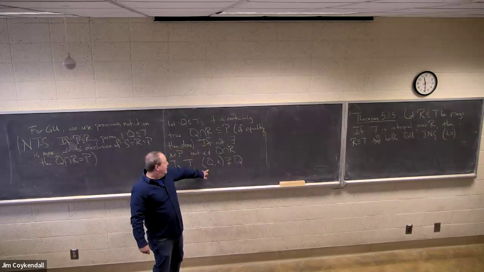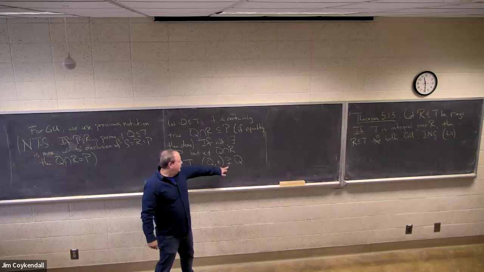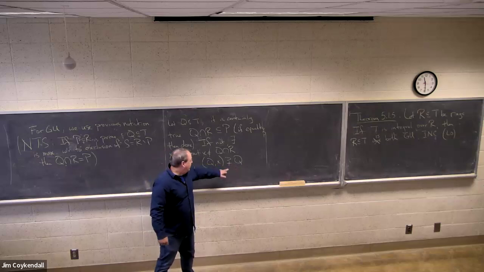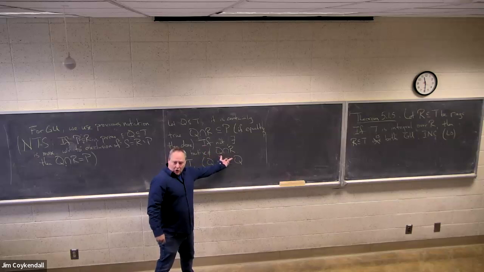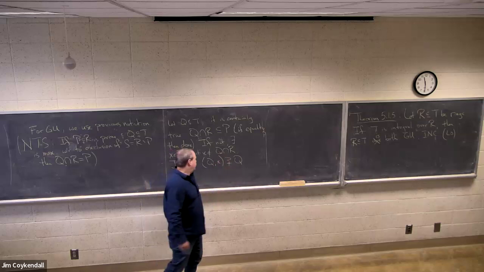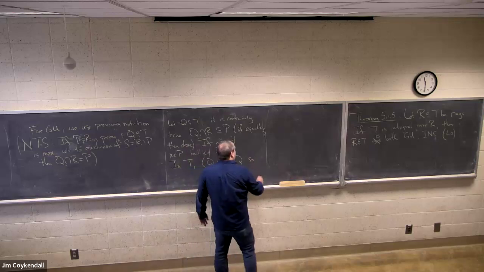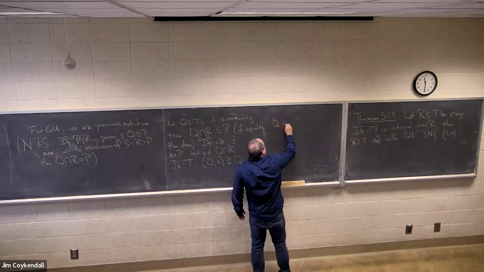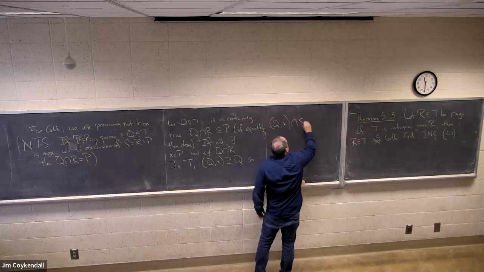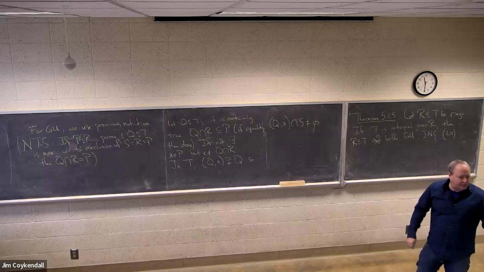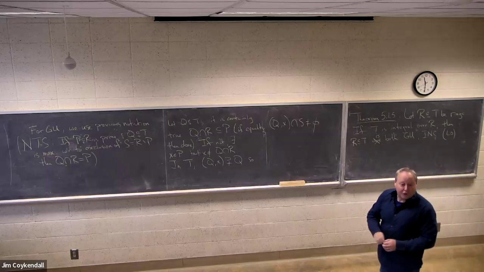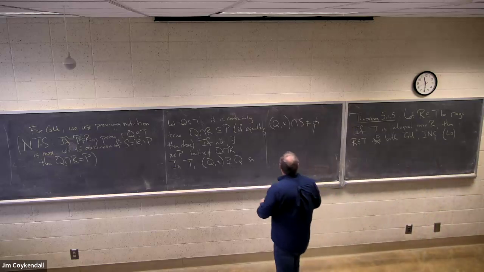In T, this ideal must strictly contain Q. Because after all, if X is in Q, then it would be in Q intersect R, right? And so since it strictly contains this, it must hit S, as you point out. Okay, this is where I get my hands dirtier by writing down something.